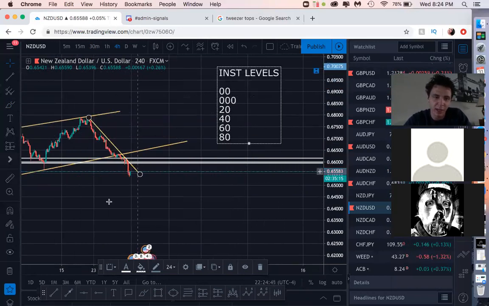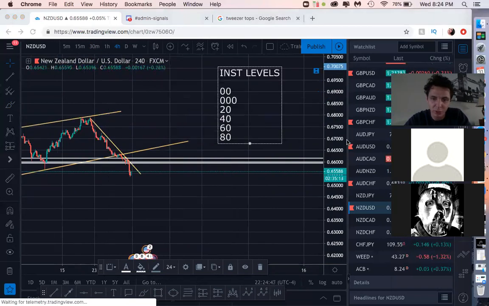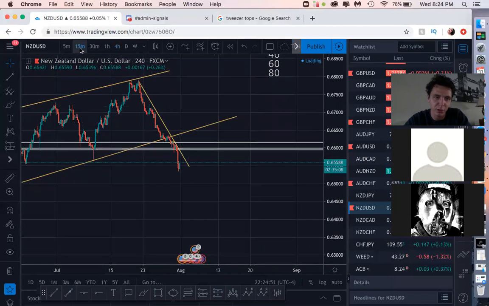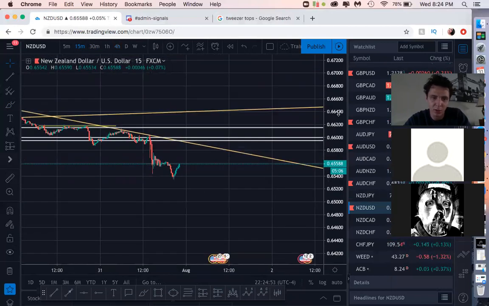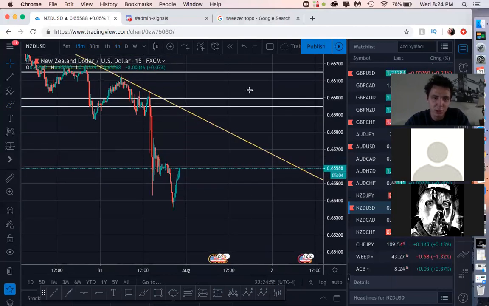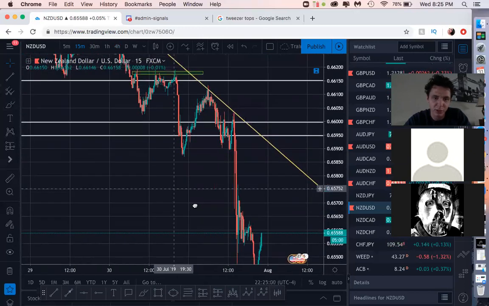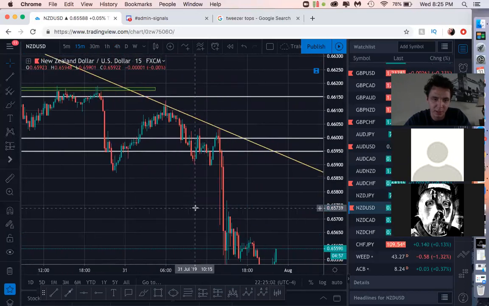And that's really how I place most of my entries, my take profits, my stop losses, is through those institutional levels, because those are the levels that really are, one, psychological, two, are where the market's most attracted to, and you just kind of see it repeat time and time again.